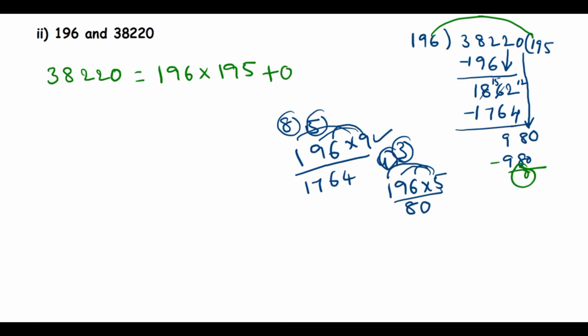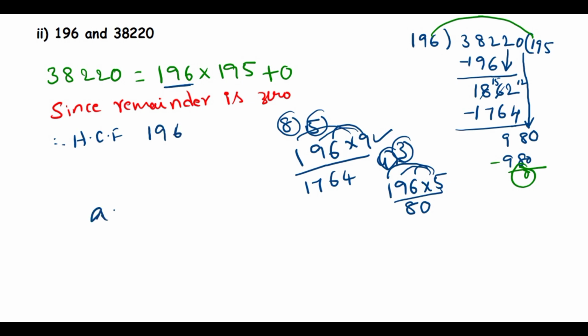Since the remainder is 0, therefore the HCF is 196. Generally you can take a is equal to bq plus r. This is the Euclid division lemma condition. If the remainder is 0, then this b is the HCF. Okay, so that's the logic.